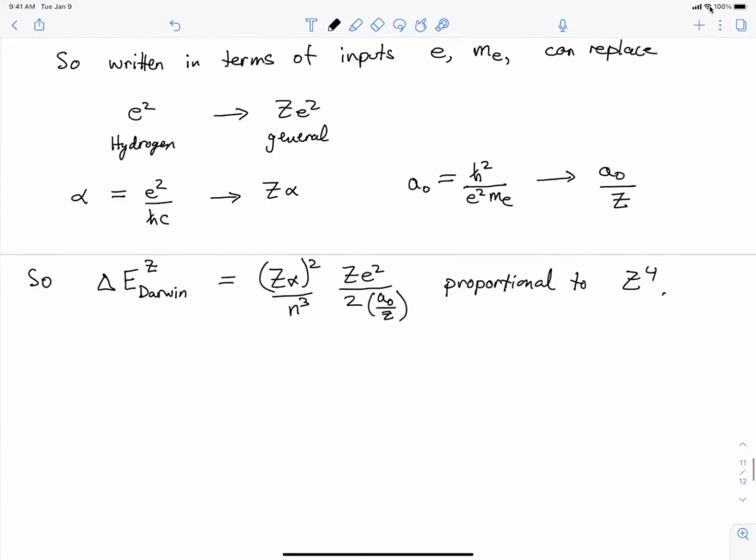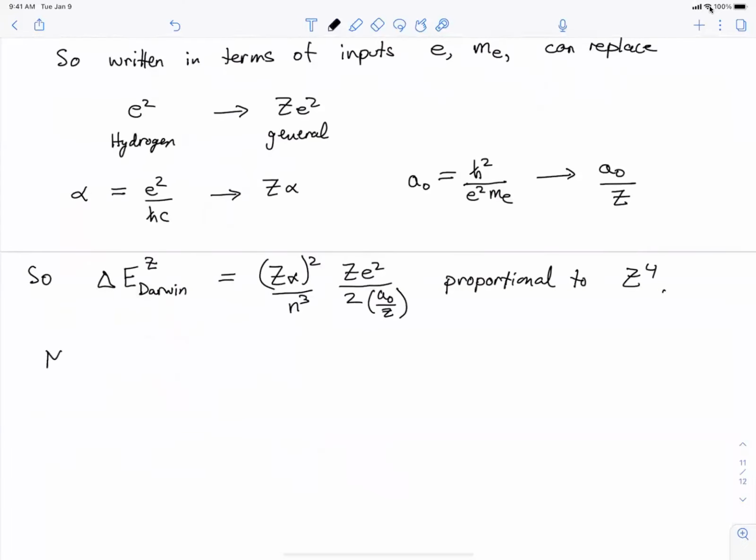Now that's in contrast to the main energy term, which remember for hydrogen was Rydberg over n squared. And so this for a more general atom will be Z squared e squared over 2 times the Bohr radius times 1 over n squared.